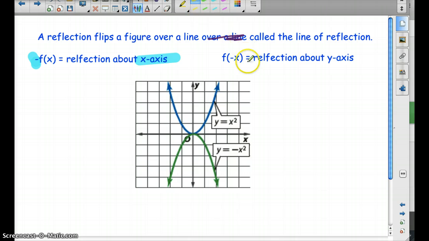And if we have a negative inside the function, then it's about the y-axis. Notice here we have the quadratic function, and we have a negative on the outside of the x squared, so it's going to flip about the x-axis. It's going to flip it upside down, make all those values negative.